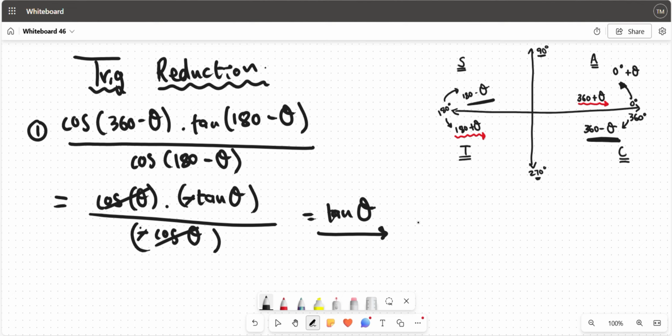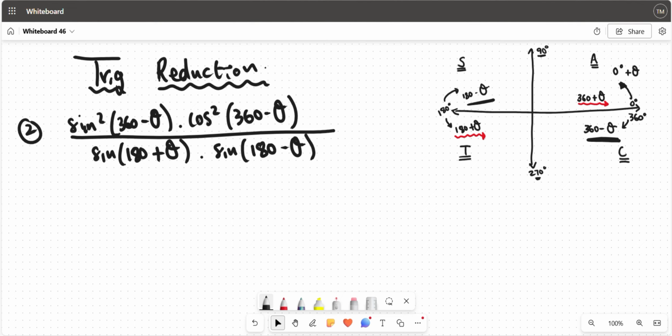Let's try another example of these. All right, let's try this next one. We're given sine squared of 360 minus theta. So where does that put us? It puts us in this last quadrant.